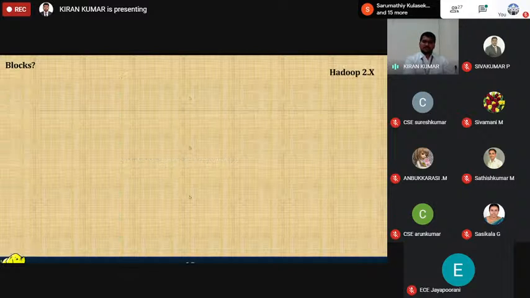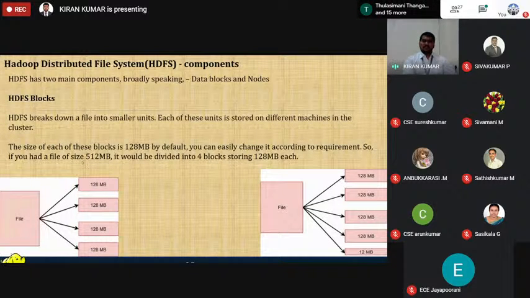As an example I have given here, the size of the block is 128 MB. Here we are using the Hadoop 2.x version. In the Hadoop 1.x version, the size of each block is 64 MB, but here it is 128 MB in the Hadoop 2.x version.